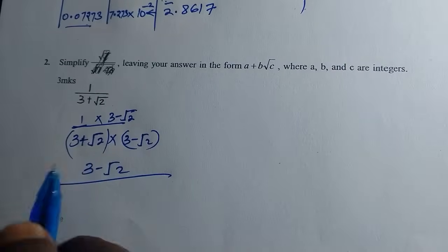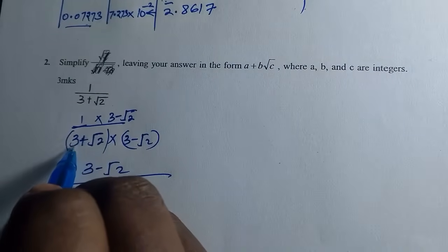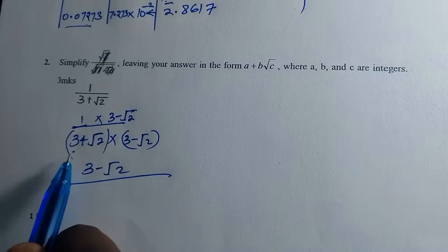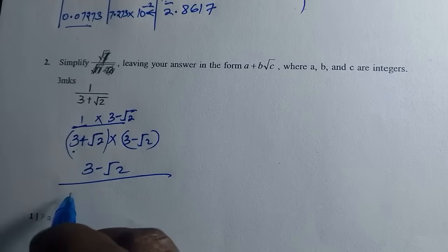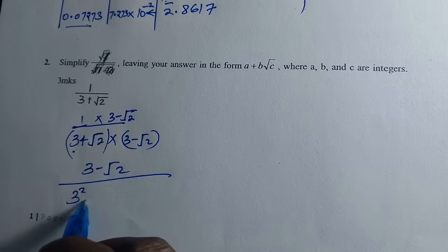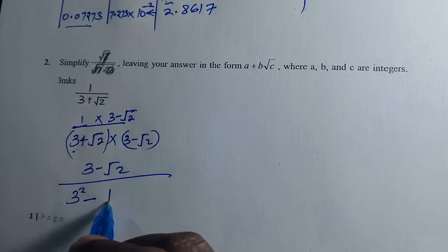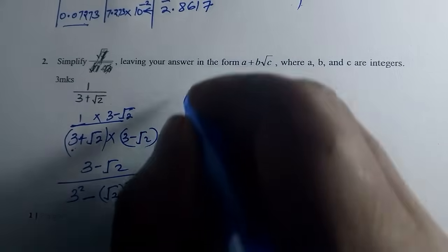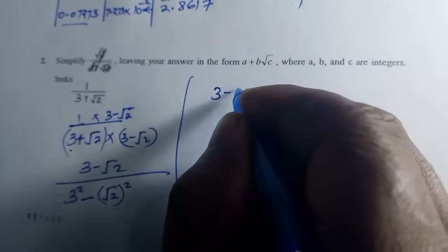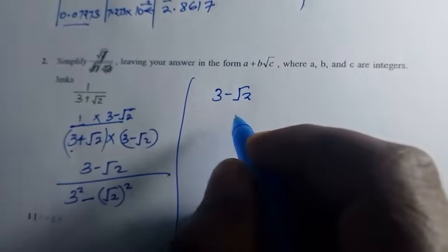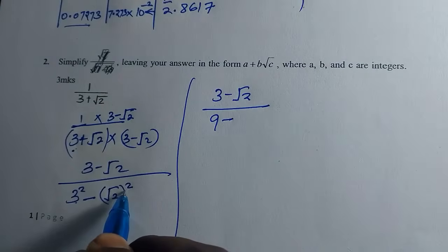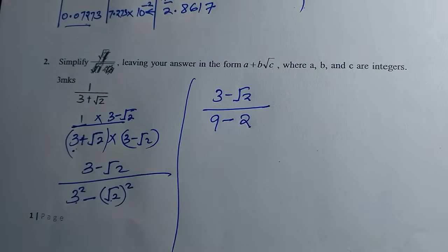So this means take the first term, that is 3, you square that, then subtract the square of the second. So the answer is going to be 3 minus root 2 over 9 minus, when you square the square root, the root disappears, so we have 2.